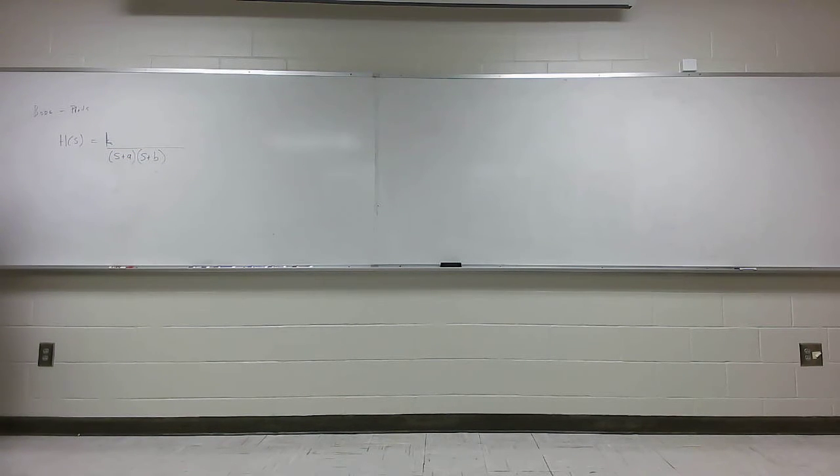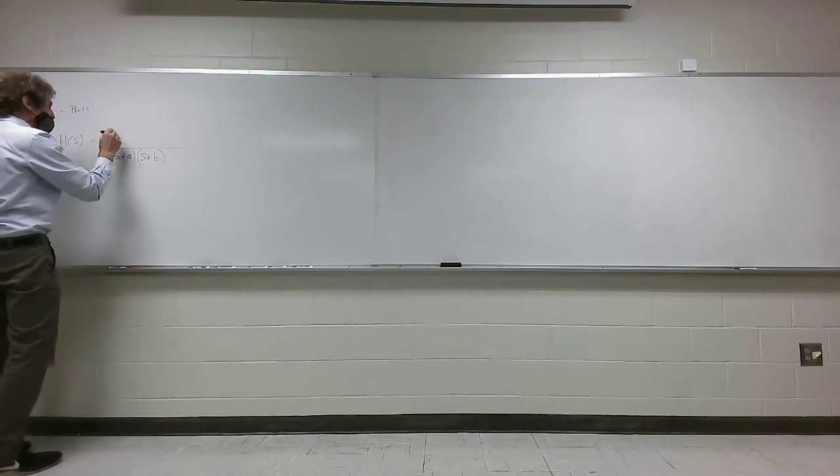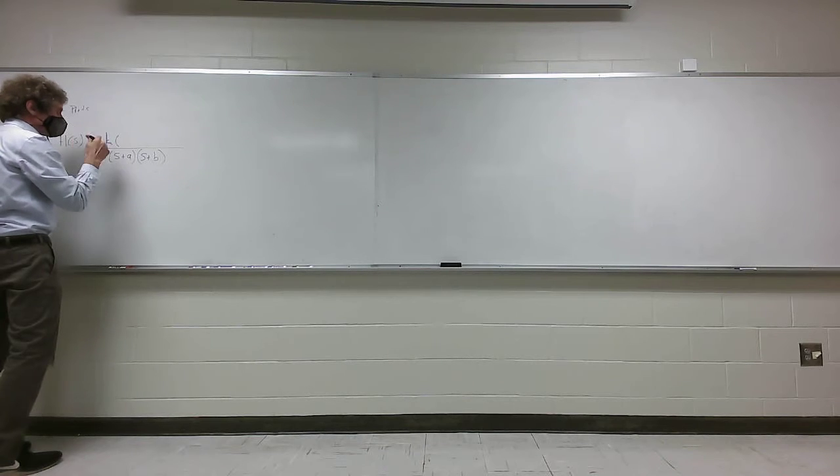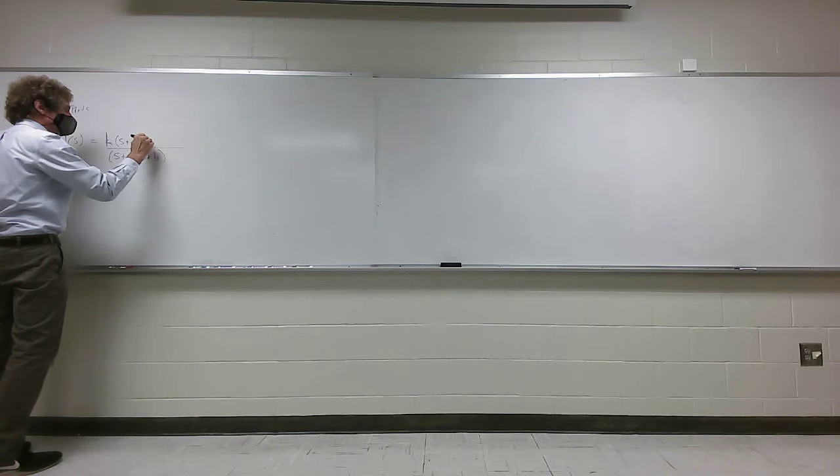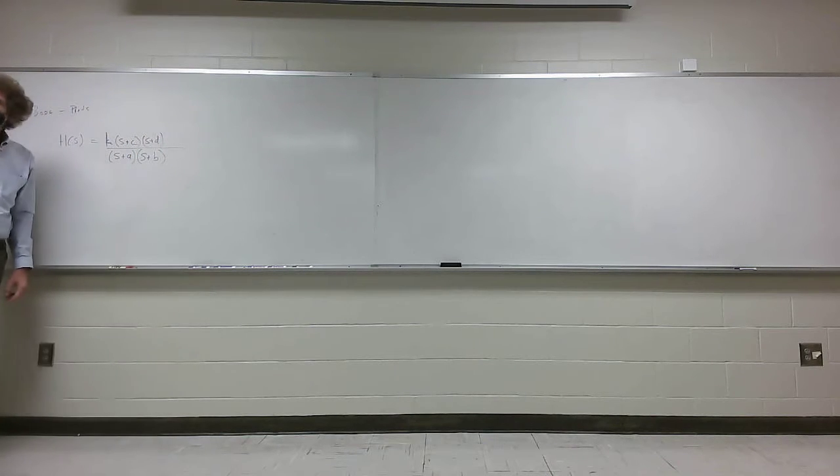Do y'all follow that? They cause the value of this function to be infinite. Just think about it. If S is minus A, then this is zero, right? 1 over 0 is infinity. It's called a pole. The thing looks like it's a pole that goes to heaven. Goes to infinity. Y'all with me? These are zeros. And I just chose this, S plus C, S plus D. That's on top.